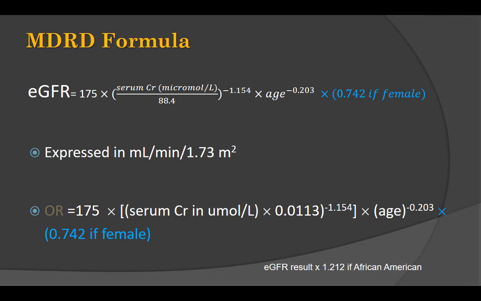Now, this formula was developed in the US, and they found out that between ethnic groups you can pick up differences. So, for African Americans, you have to multiply the result by 1.212.